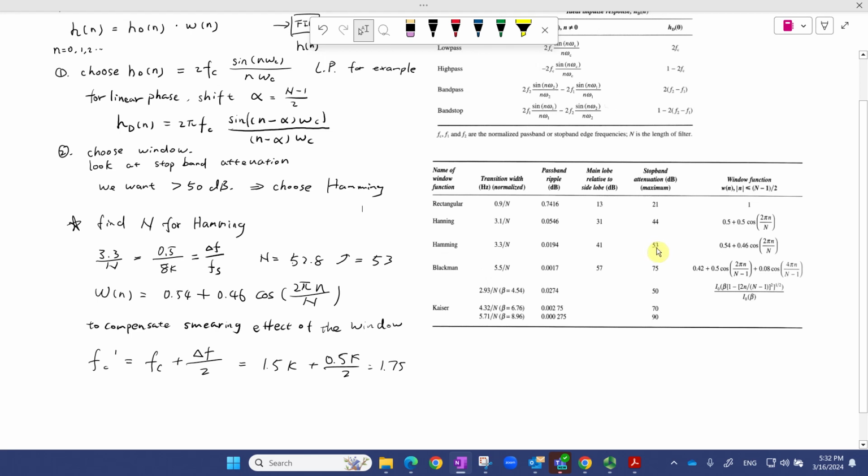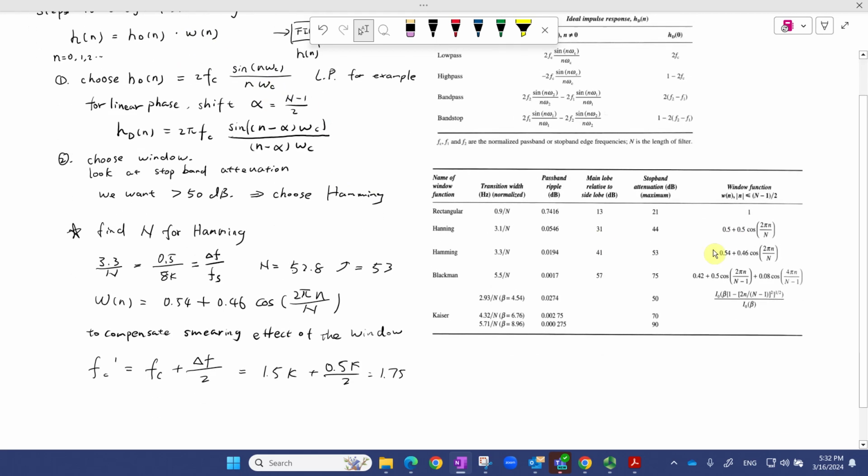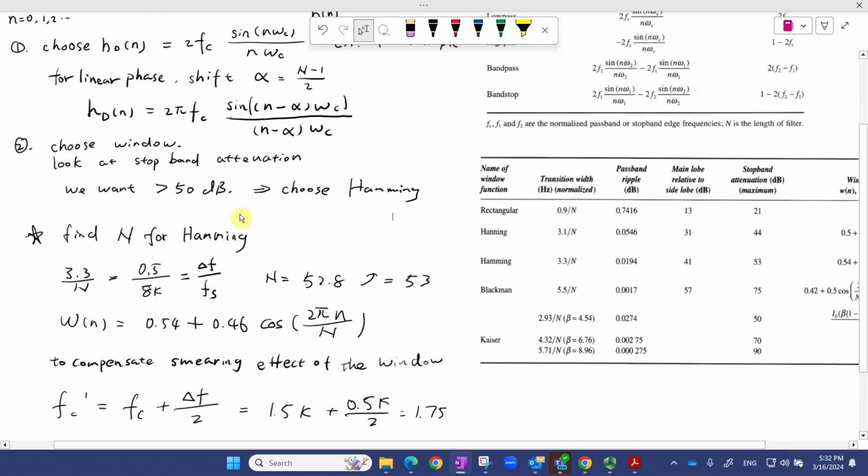So this is good for us. The others have even higher attenuation rates, but they are more complex. So we choose this one. The Hamming window has this function, so w[n] is going to equal this one if we choose the Hamming window.